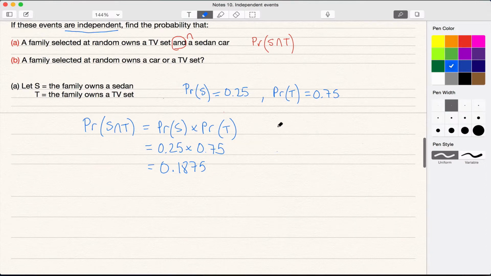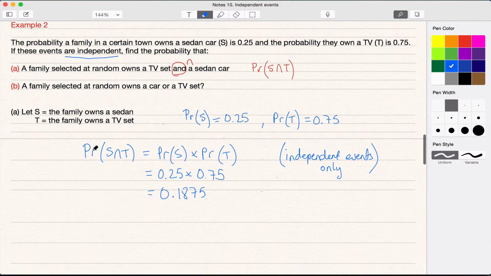I'll just put here, this is the independent events rule. S intersection T is what we're looking for, and this is our solution here for part A.